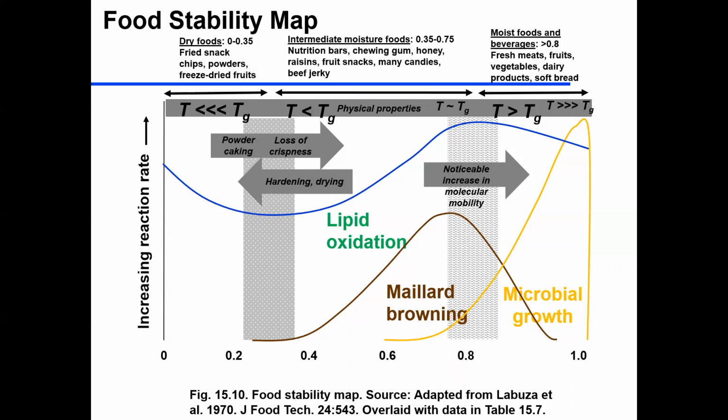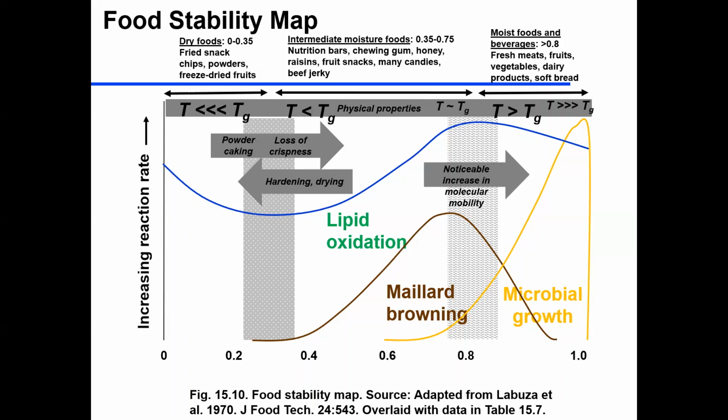Another very important reaction, of course, is Maillard browning. This follows quite a different relationship. What we're looking at here is a reducing sugar reacting with a protein, basically the amine of the protein.